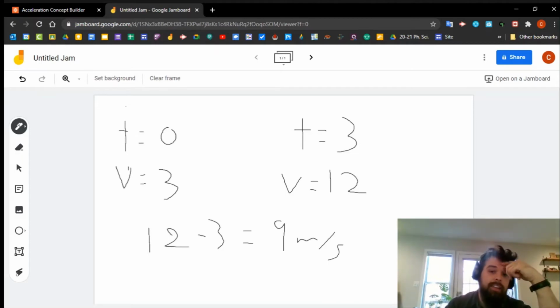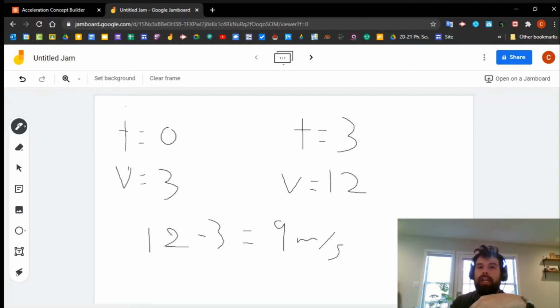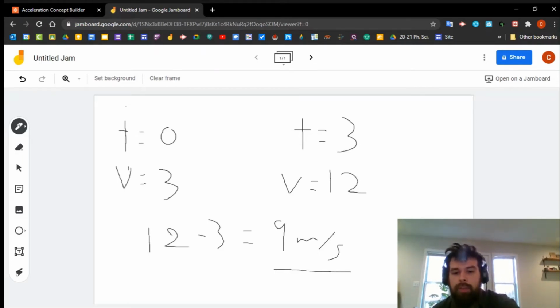And if that's the case, and we did that over 3 seconds, so 9 meters a second in 3 seconds, how much did we change in 1 second? Well, that's easy. All I have to do is divide by 3 seconds, and that'll tell me how much I change each second.